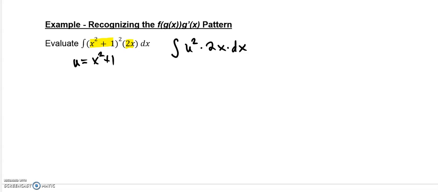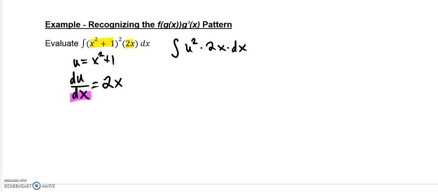Now, over here, u prime, so that's du over dx, because it's the derivative of the function u with respect to x. That's 2x. Now, in order to do these substitutions, let's solve for dx by itself.